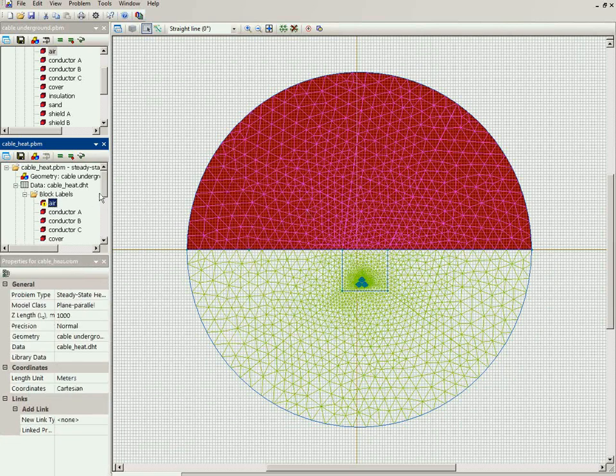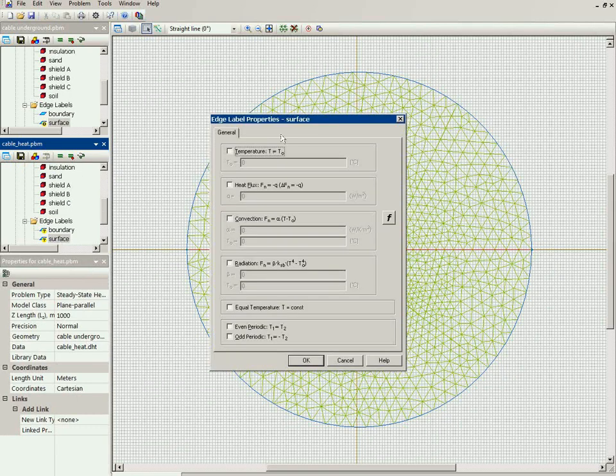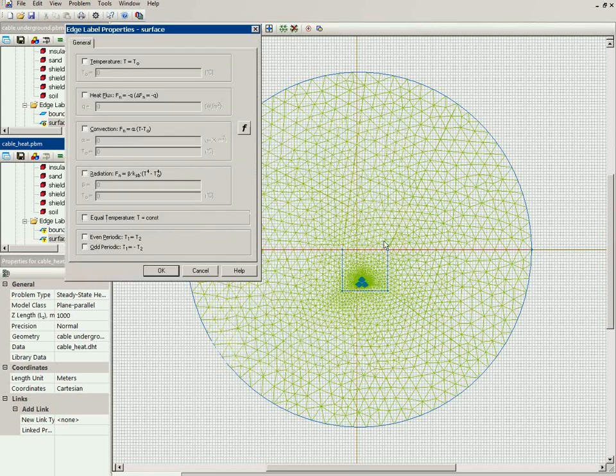Instead of simulating the temperature distribution in the air, I specify the convection boundary condition on the surface. The convection coefficient is 10 and the temperature is 20. You see, these are Celsius because in the new version you can specify not only the length units but the temperature units also.